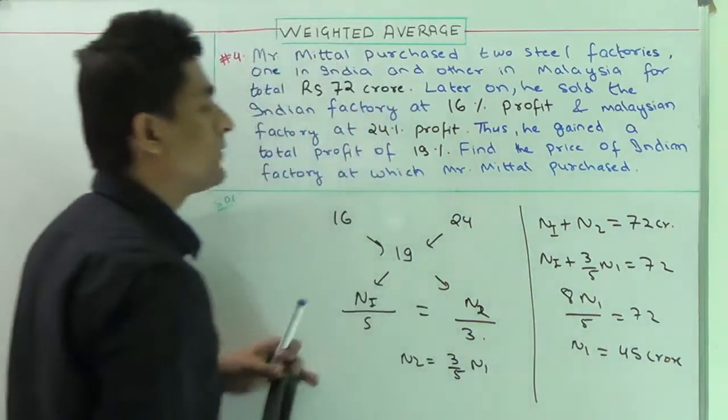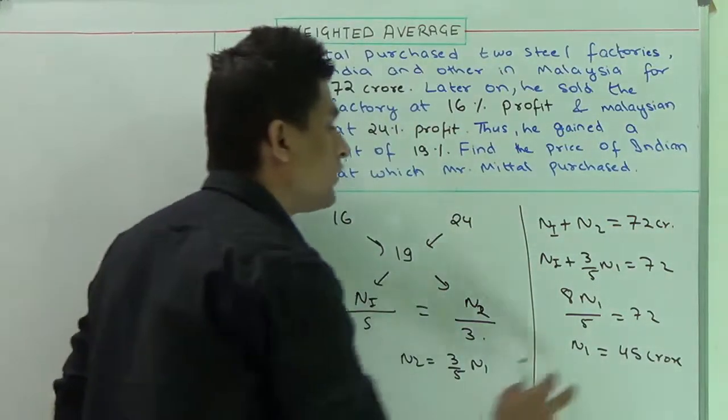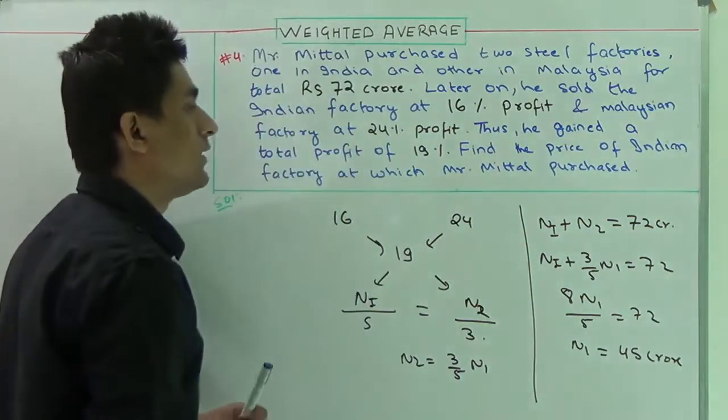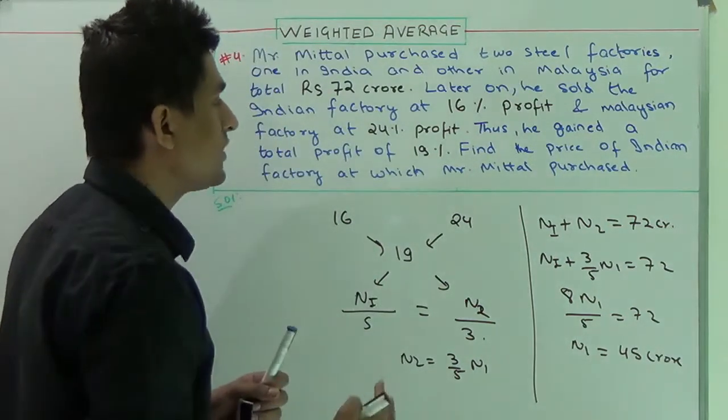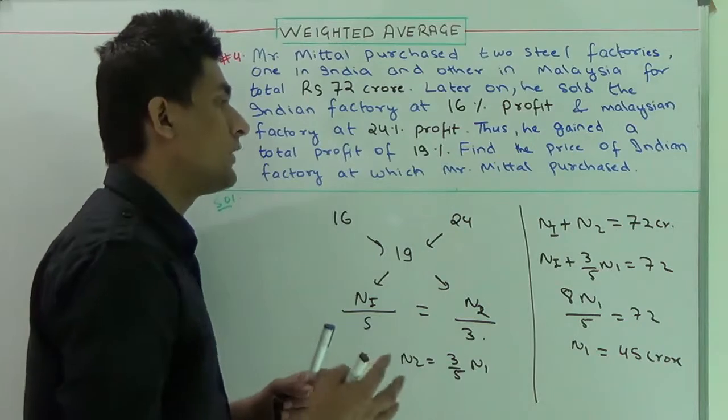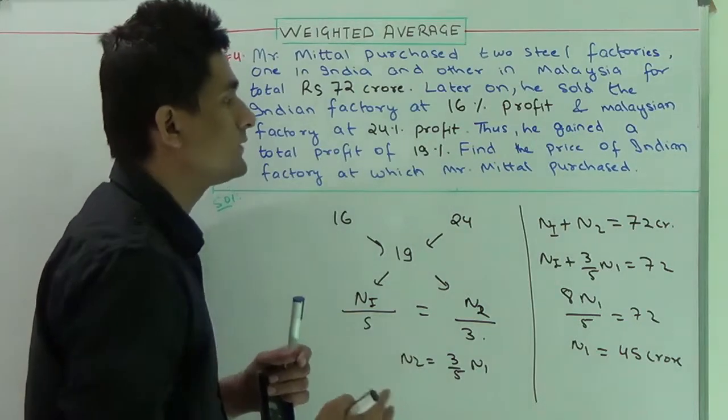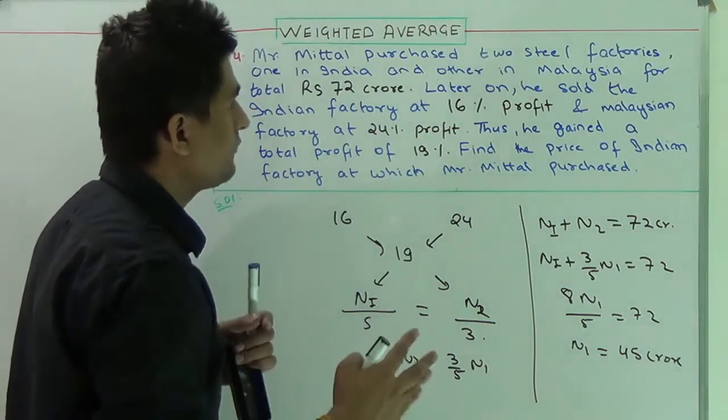Hence Mr. Mittal purchased the Indian factory at a price of 45 crore rupees. I think this question is clear to you. Now I'll move to the next section, that is series, questions based on number series, and this is sufficient for the allegation part.